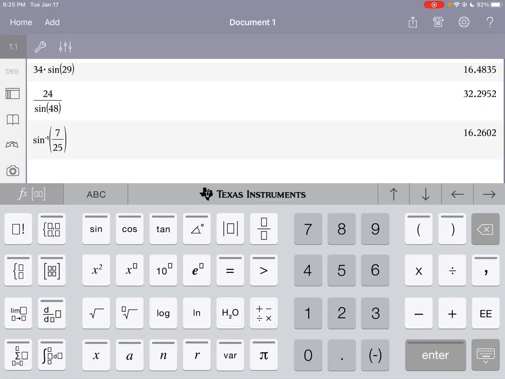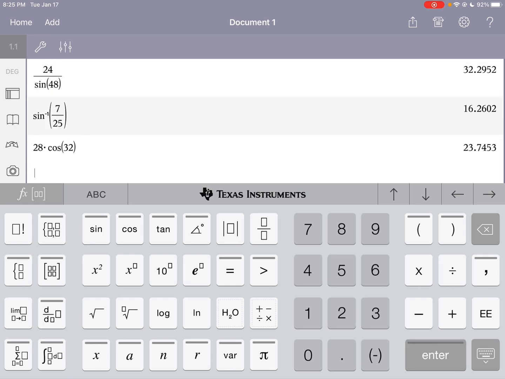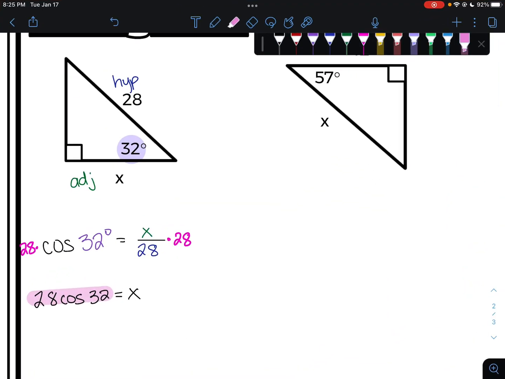We're going to type in 28 cosine of 32. Press enter. We get 23.745. That 5 tells me that it's going to become 75 instead of 74. So I have 23.75 equals x.